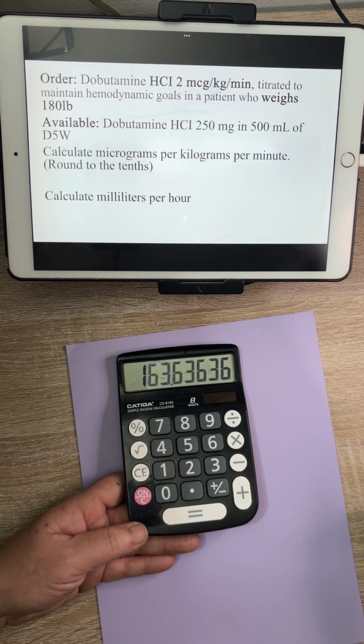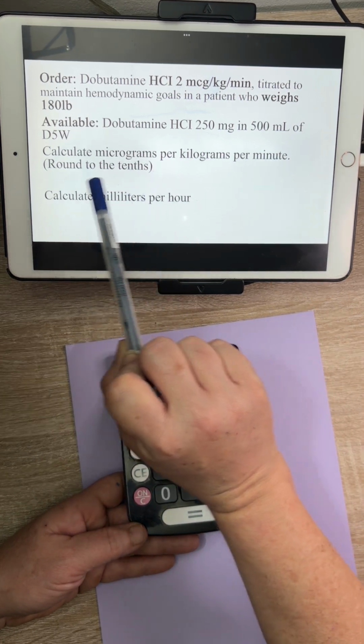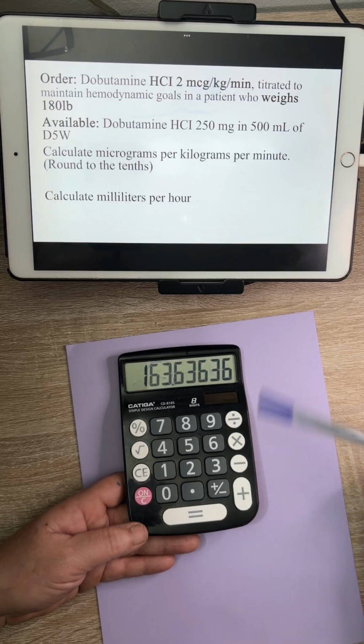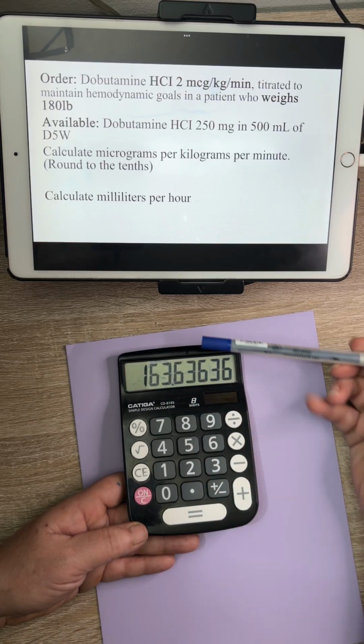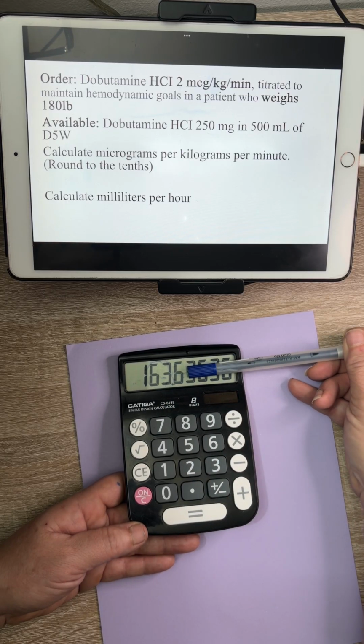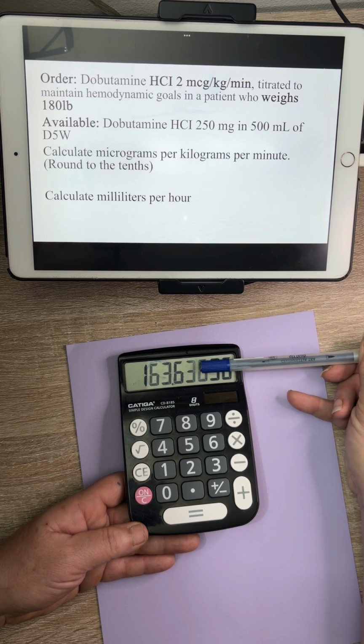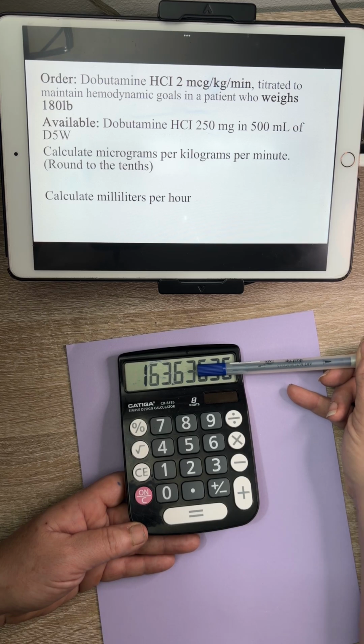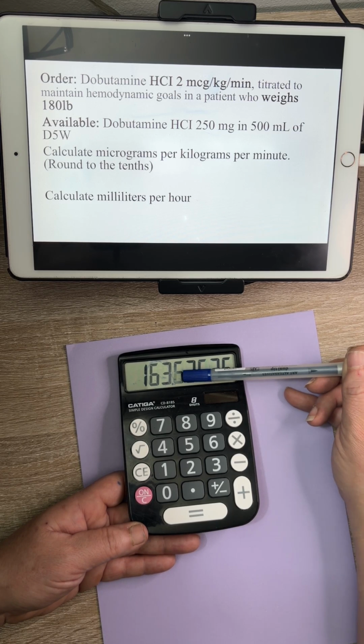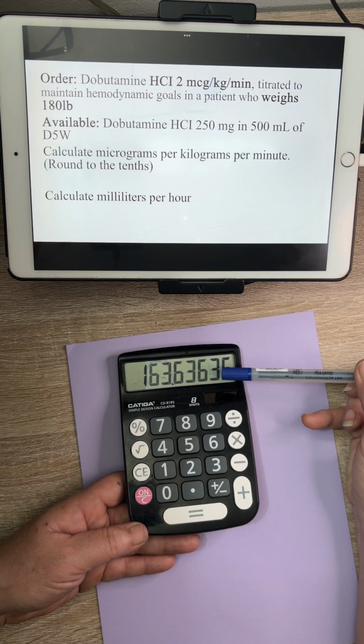Okay. And she said to round this to the tenths. And the tenths place is one place after the decimal. So it's 163.6. But when you're rounding, you have to look at the hundredths to see if it's 4 or less. Then the 6 will stay the same. If it's 5 or higher, then the 6 will go up 1 to a 7.